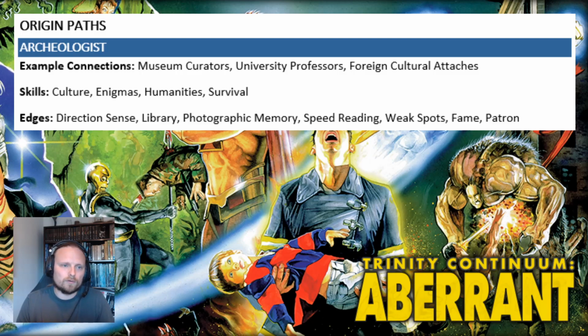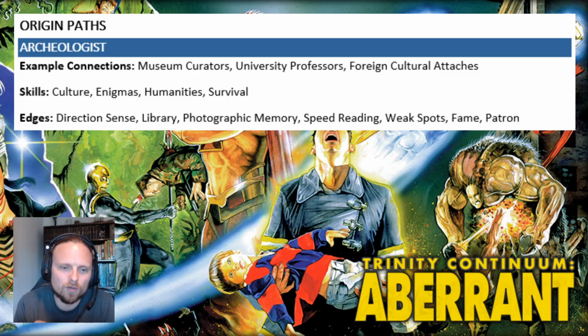And I looked through a lot of them in the books, and I went with direction sense because when you're digging around old ruins, having a sense of direction seems handy. I went with library because, of course, you could have a big library. I went with photographic memory because that's also a neat trick for someone doing scholarly things. Speed reading as well.